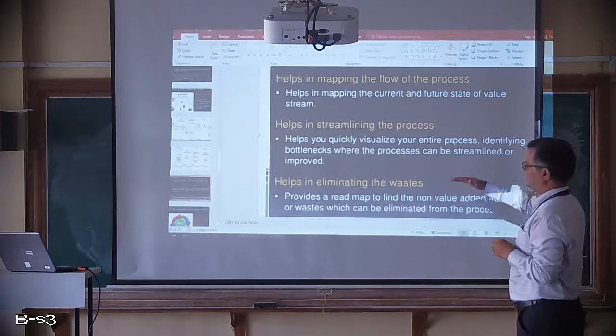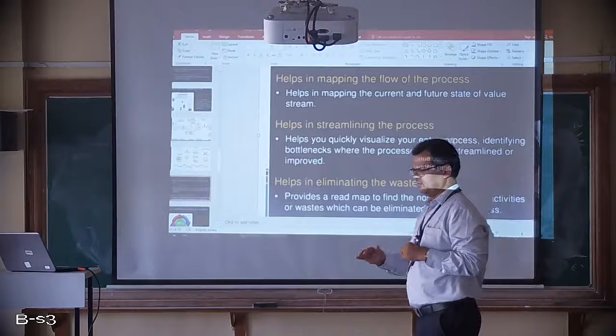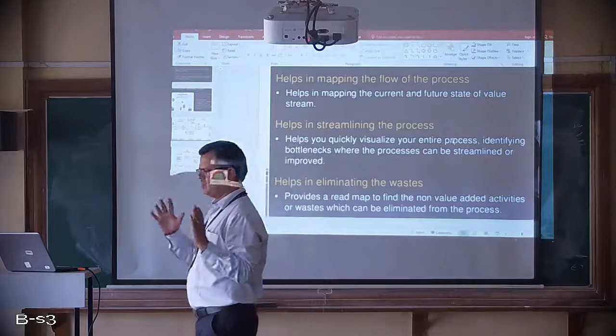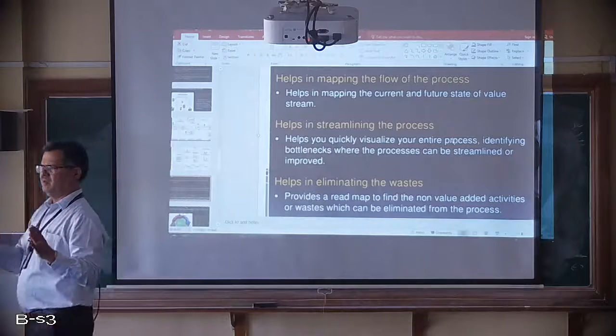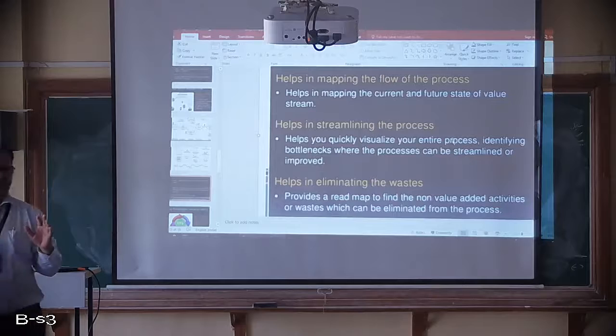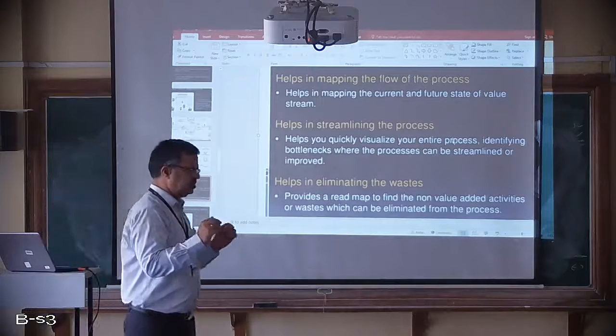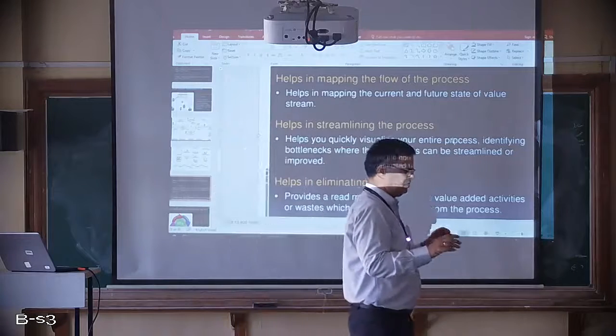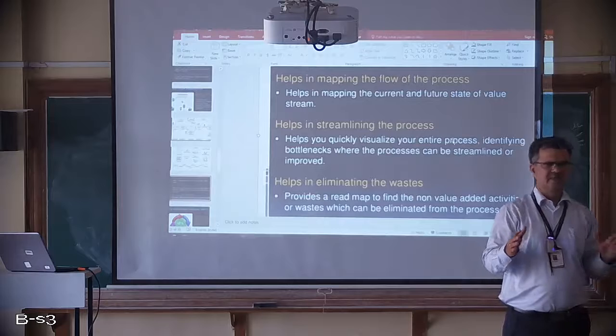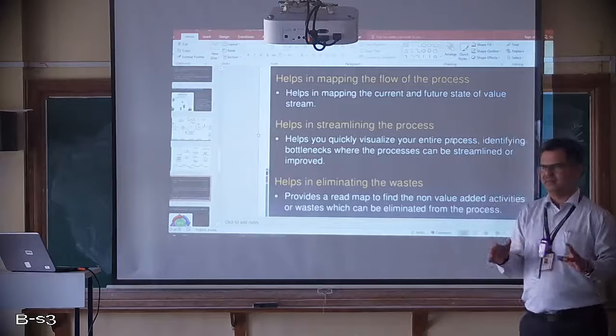Mapping the current state means showing what exists now: how much time the system takes for processing at each stage, what the changeover time is, and what the takt time is. Those things should be shown for the existing one, the current state mapping.